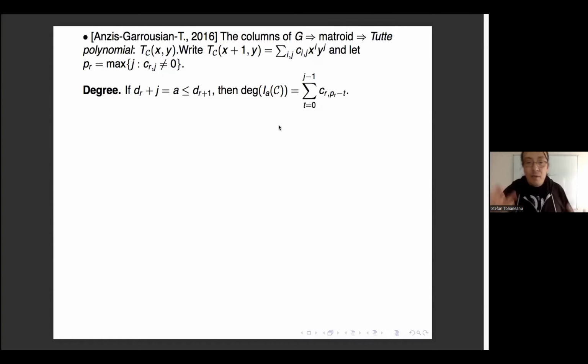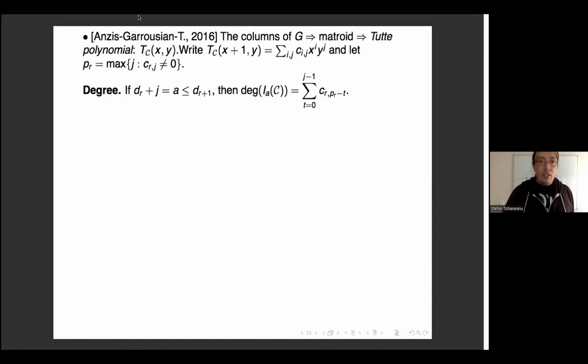And we can capture also the degree from the leading coefficients of the Hilbert polynomial of the coordinate ring. So we have this connection.